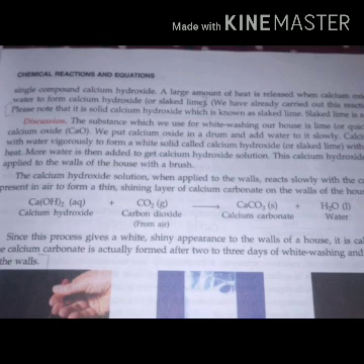So students, when you paint your house walls with calcium hydroxide, this calcium hydroxide reacts slowly with the carbon dioxide gas present in the air to form a thin shiny layer of calcium carbonate on the walls of the house.